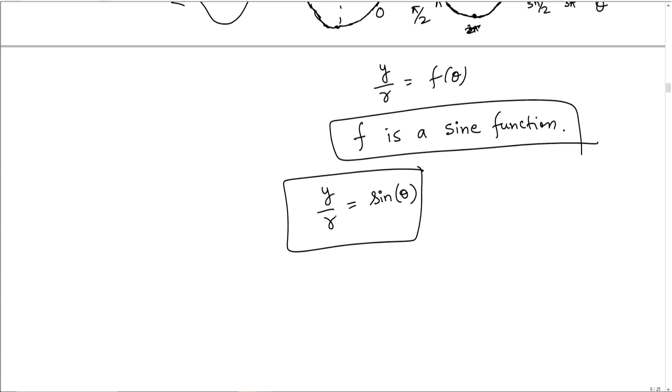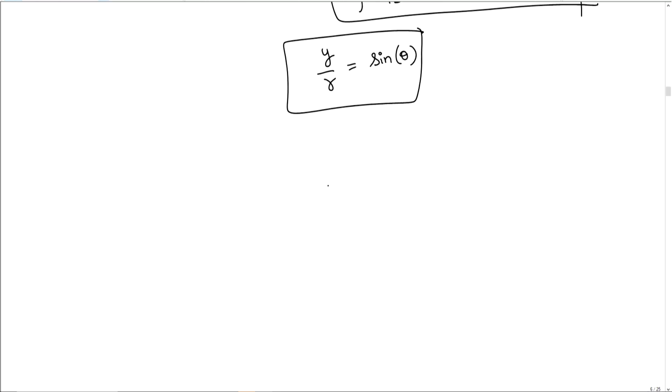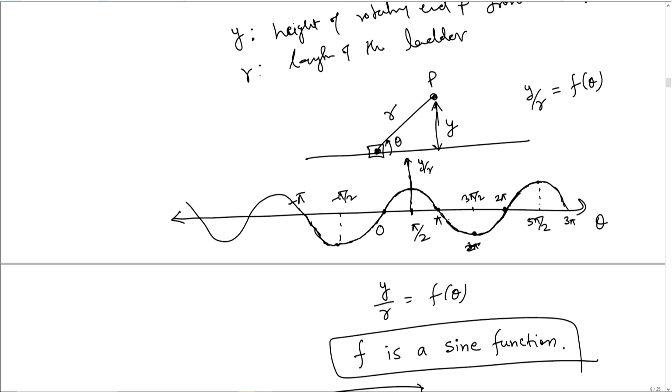and what this function gives you is the ratio of the height of the rotating end divided by the length of the ladder. In a way, what you are saying is that if you have any right angle triangle, see in this ladder problem we are trying to measure this angle, but this angle is already 90 degrees.